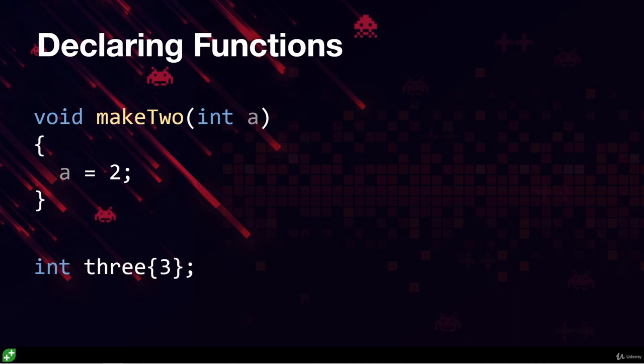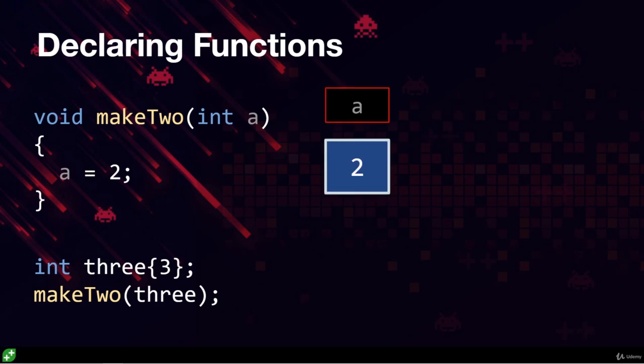Here's an example. Let's say we create an integer called 3 and initialize it with a value of 3. Now, we can call make2 and pass this integer in. Inside the function, the input parameter, called a, takes 3 as a copy. So a starts off with a value of 3 in the function body, but quickly becomes 2 as we use the assignment operator to assign a the value of 2.